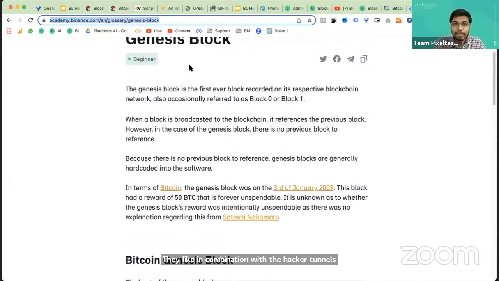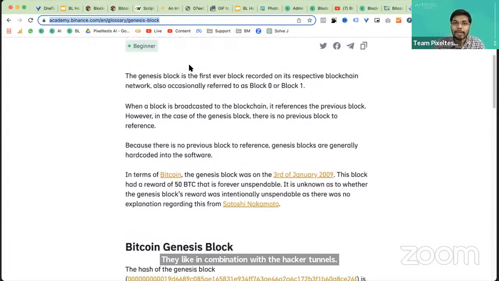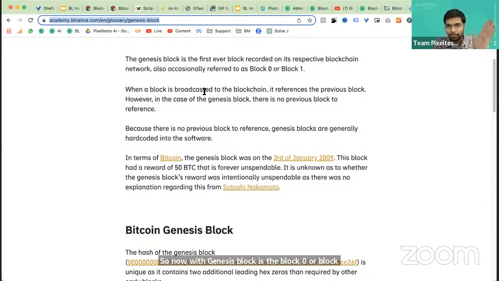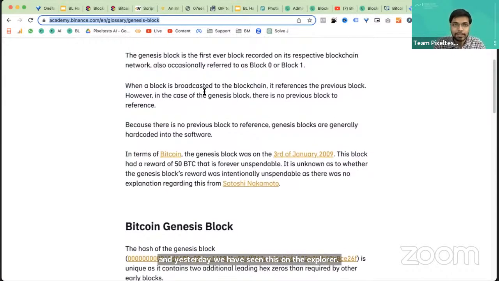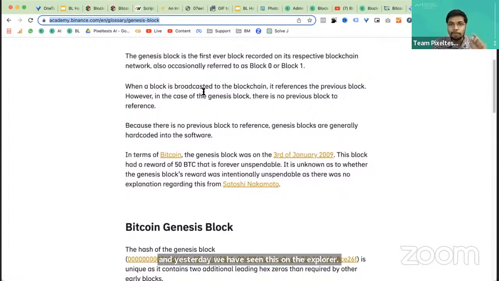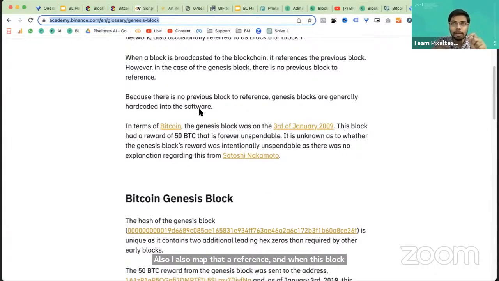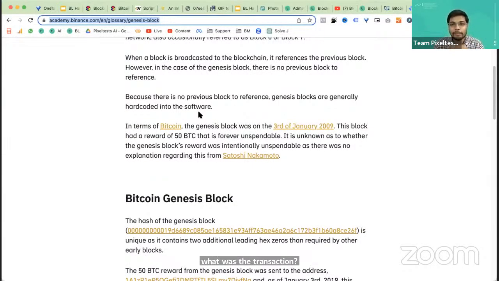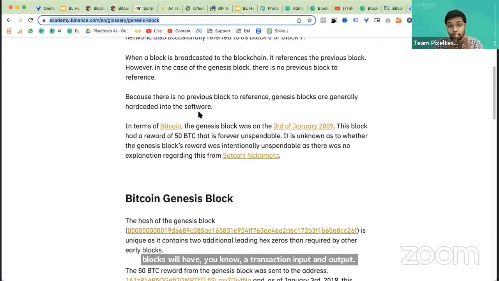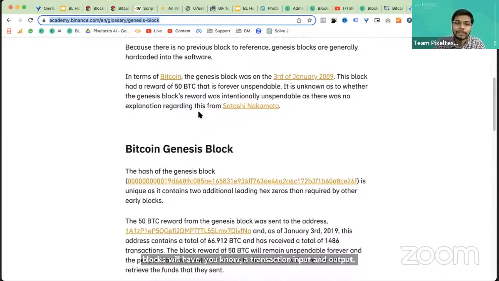Now the Genesis block is block 0 or block 1, and yesterday we saw this on the Explorer also. I'll also map that reference. The question yesterday was, when this block was broadcasted, what was the transaction fee and who sent it? All the preceding blocks will have a transaction input and output, but Genesis will not have the input because that is the first block, right?